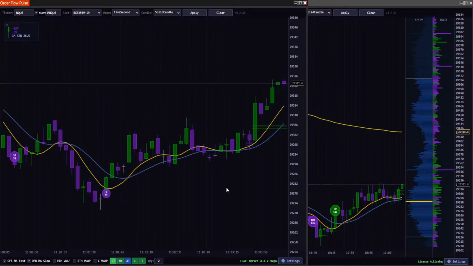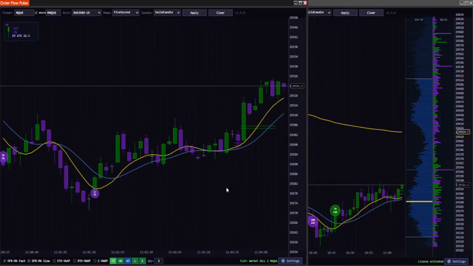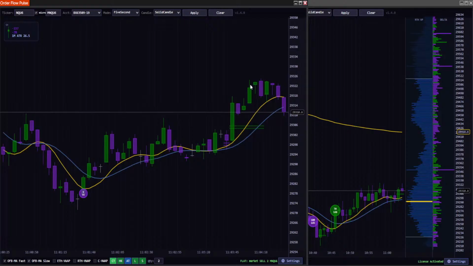All right, I just manually scalped some off there. The auto trader didn't take a trade. I just manually scalped some when we broke this area right here, and then I just took some off.